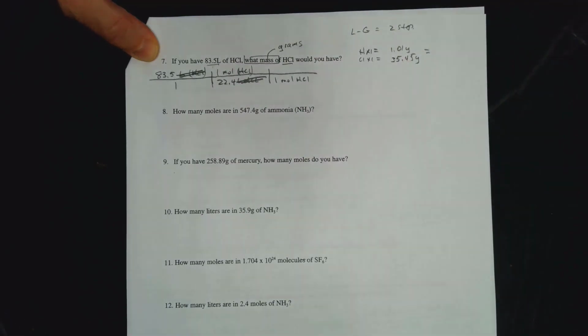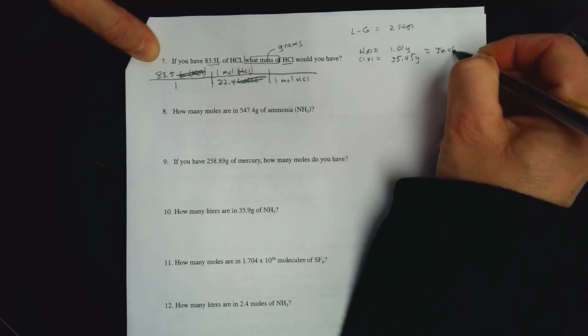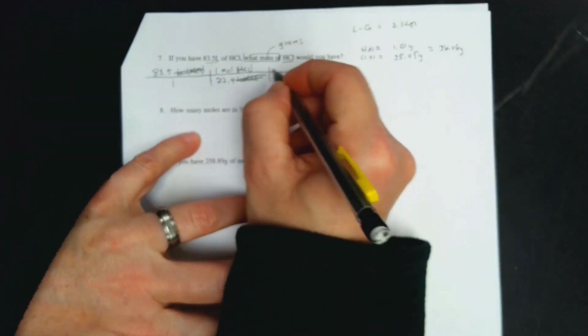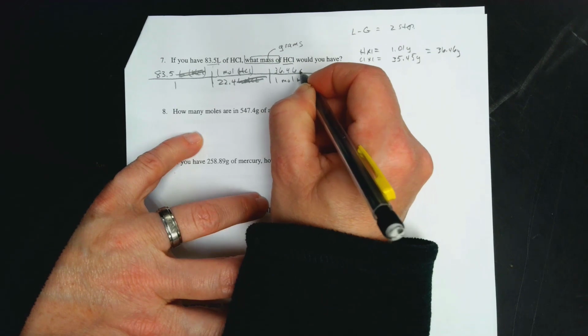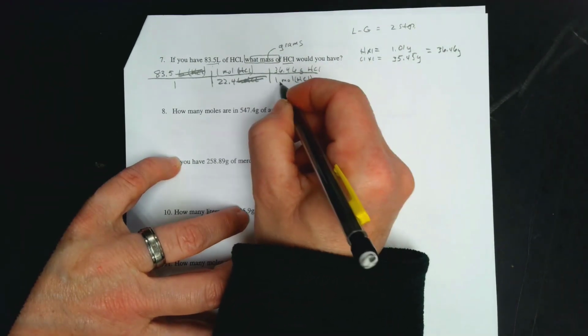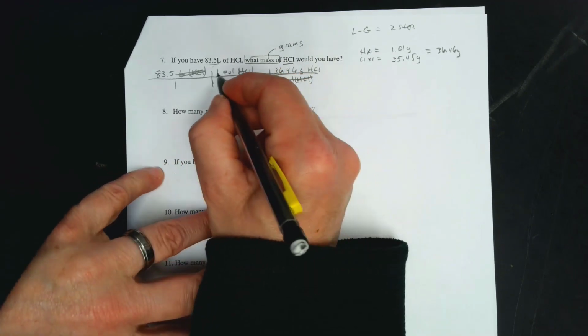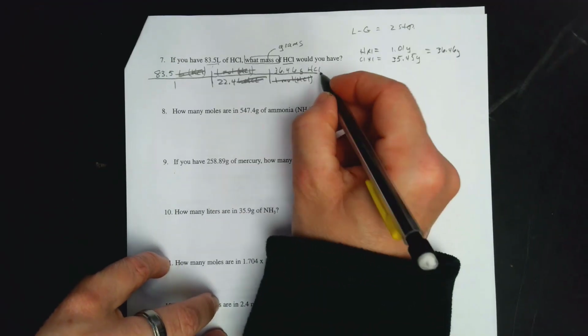And if I add that together, I end up with 36.46 grams. So that's going to be the molar mass of HCl, and that's what's going to go right up here, 36.46 grams of HCl. Now that I have this, I can cancel out my mole of HCl here and my 1 mole of HCl right there.